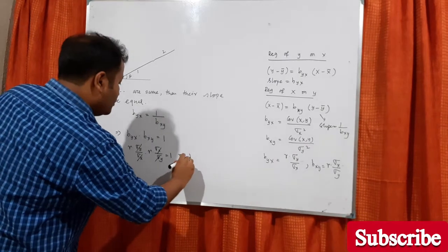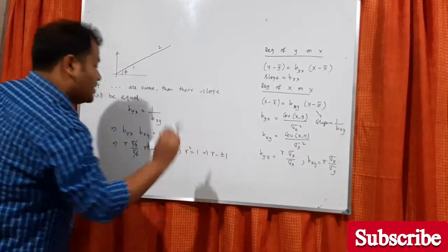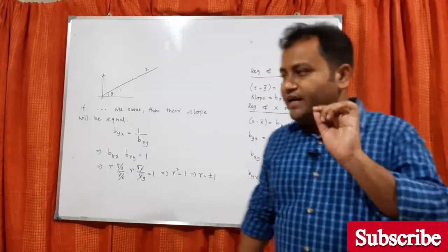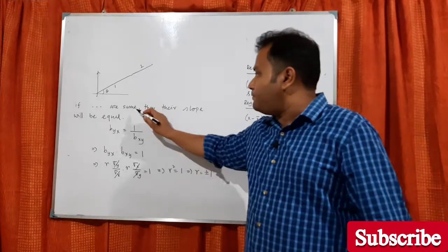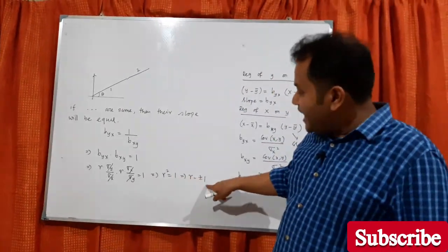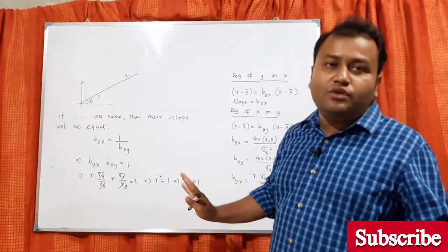So it will give you r square equals 1, so r equals plus minus 1. This is one of the important results: when two regression lines are the same or coincide, then the r value should be either plus 1 or minus 1. No other value will be there.